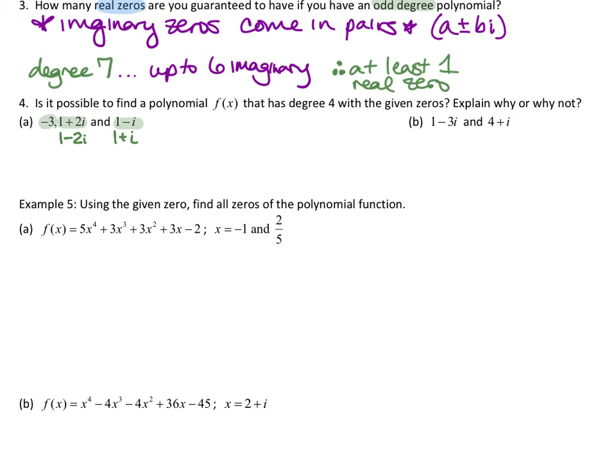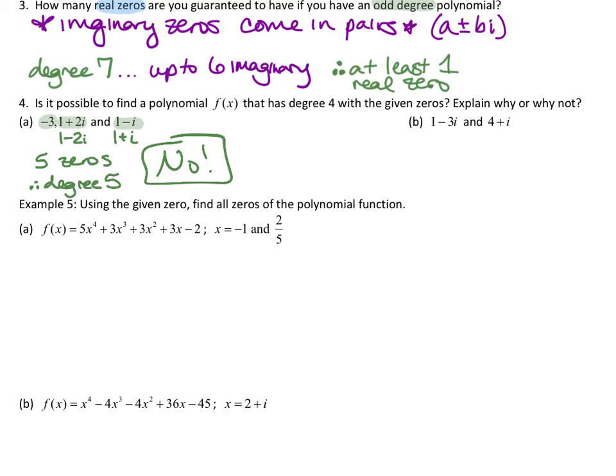So in total, I actually have 5 zeros because of those complex conjugates, which means that this would be a degree 5 polynomial. So no, we can't have a degree 4 polynomial. This has 5 zeros.